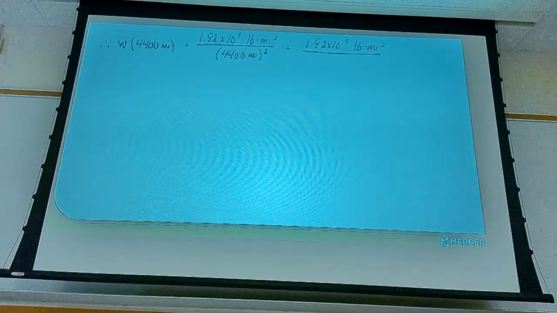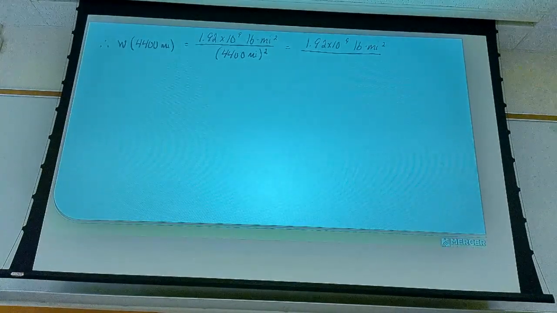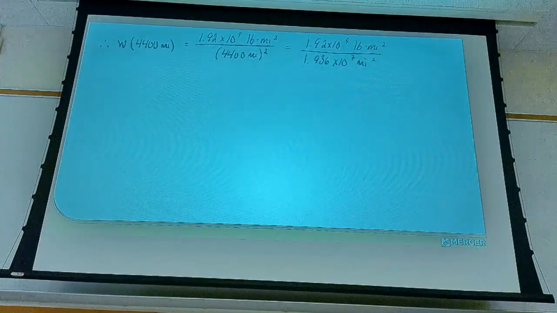So do it this way: 4.4 times 10 to the 3rd, squared. So what's 4.4 squared? 19.36. 19.36 times 10 to the 6th power, which is 1.936 times 10 to the 7th square miles.